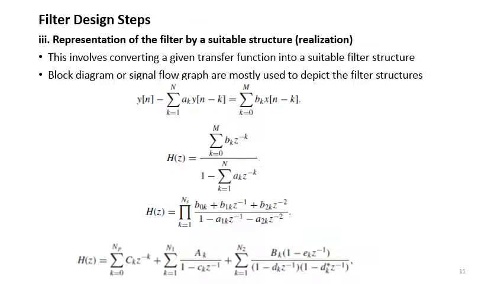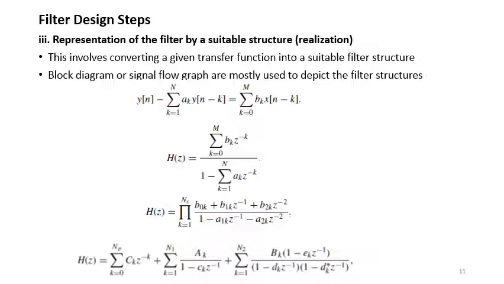The third step of the filter design is representation of the filter by a suitable structure, or we also call it realization. So we can realize it using different structures. Again, you have done this topic also, so we'll not go into much detail. This involves converting a given transfer function into a suitable filter structure.